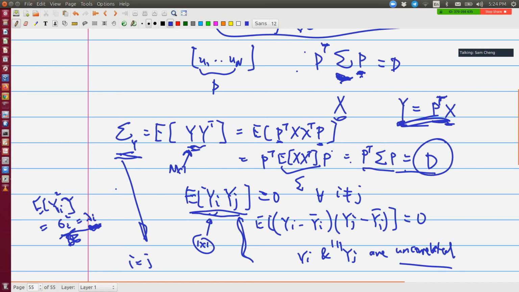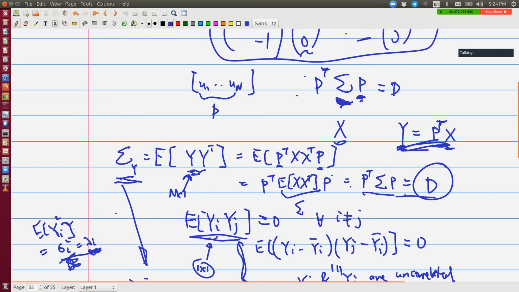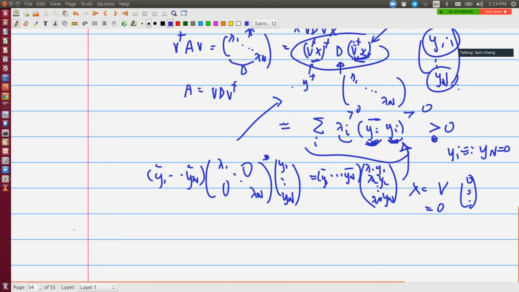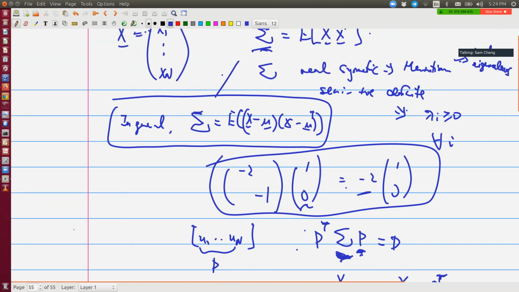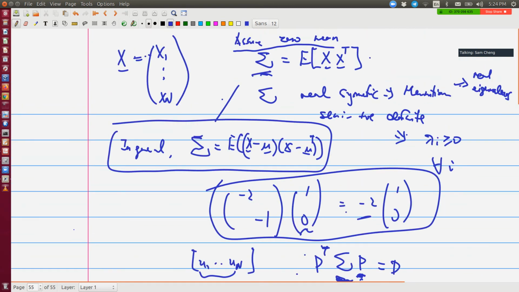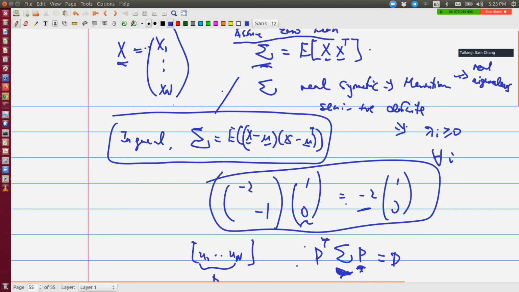Yes, positive definite. And x here can be any. Here we didn't assume x to be Gaussian yet. We didn't assume anything actually. We say x is just a multivariate random variable. So x1 up to xn can be correlated somehow, but we don't know what kind of distribution it has.